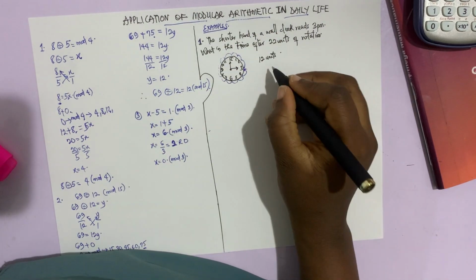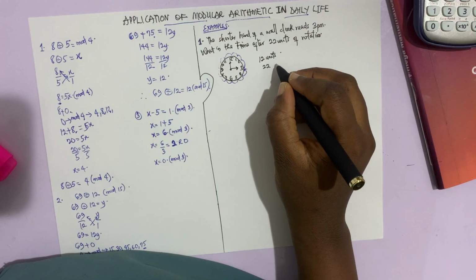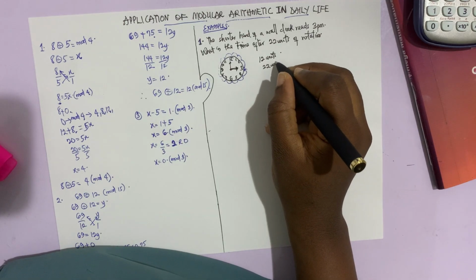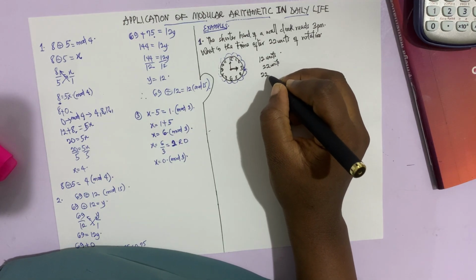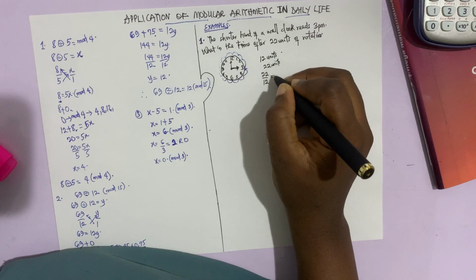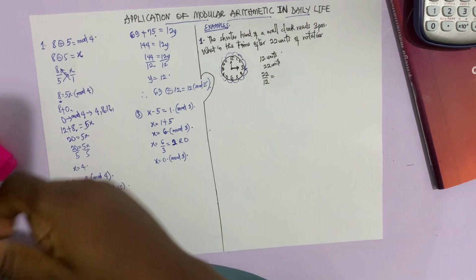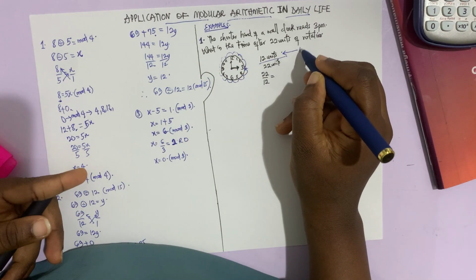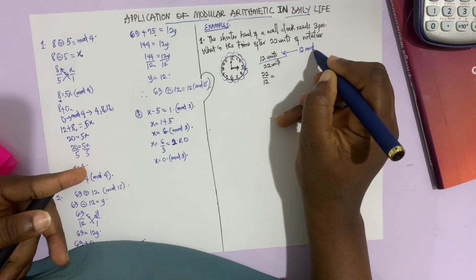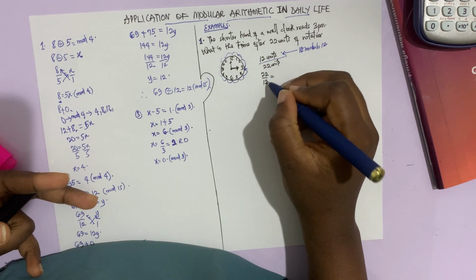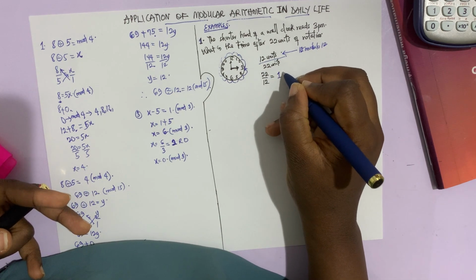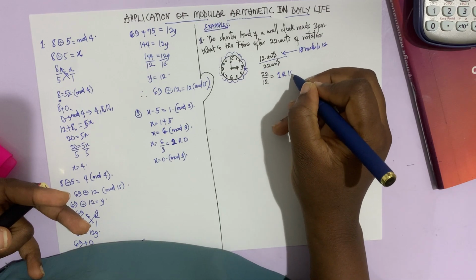So if it does 22 units of rotation, that will be 22 divided by 12. Since the wall clock has 12 units of rotation, we can equate it to what? Modulo 12. 22 divided by 12 would be 1 remainder 10.